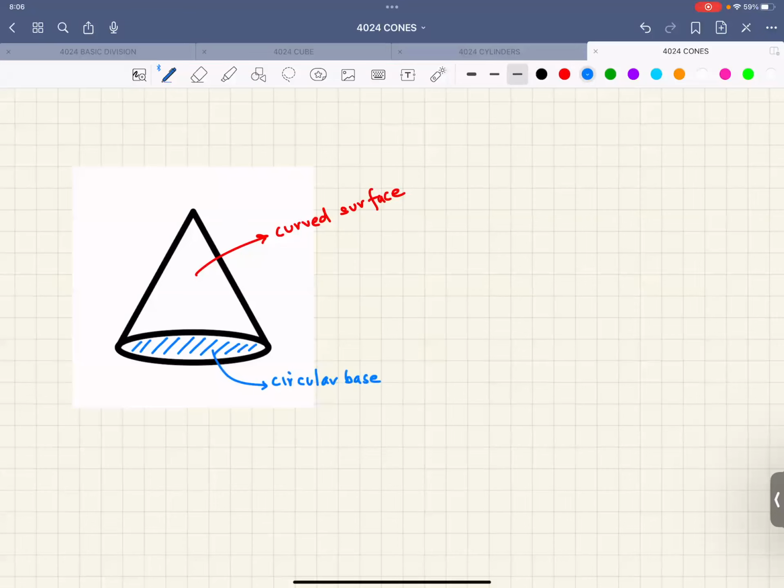If I talk about a solid or a closed cone, then we have a curved surface area and a circular base. The curved surface area of the cone is pi into R into L, where L is the slant height. For the circular base, the area of a circle is pi R square.